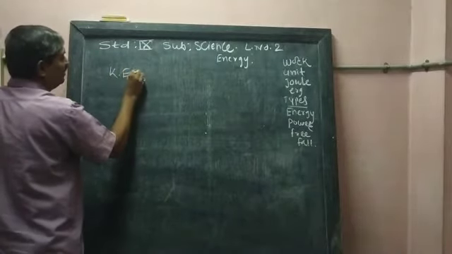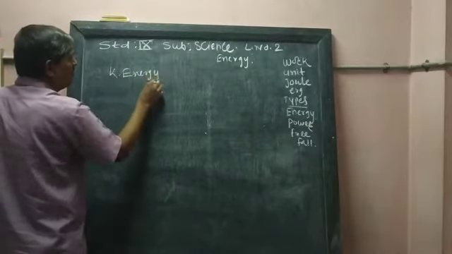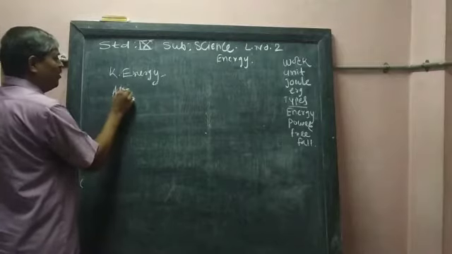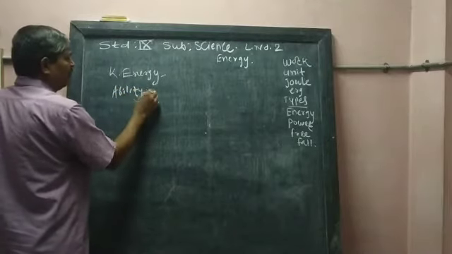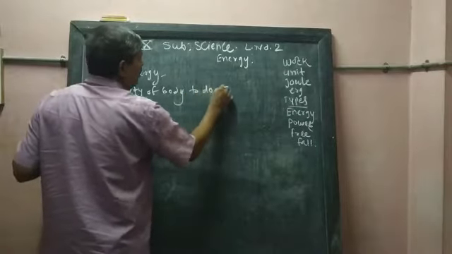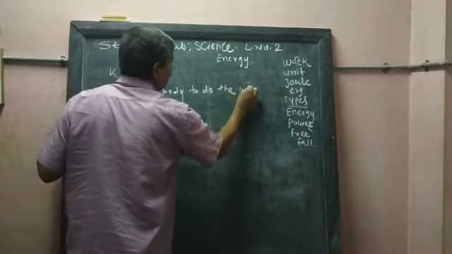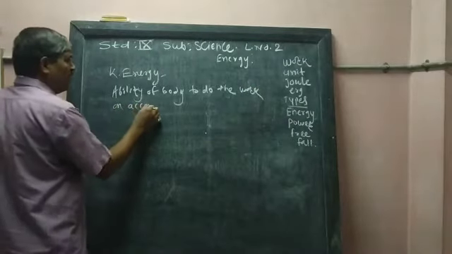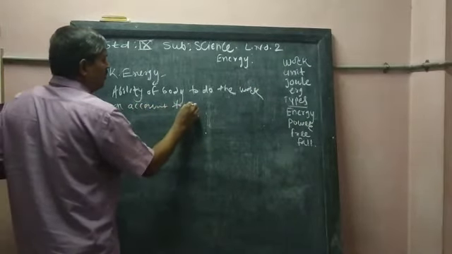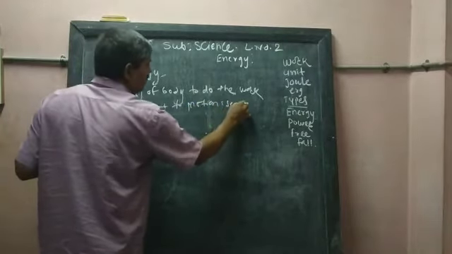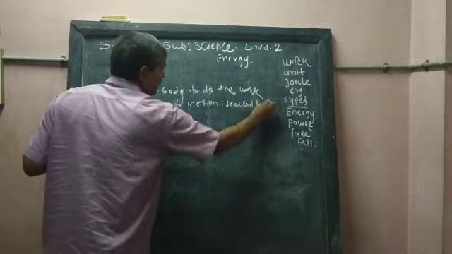Kinetic energy. What is meant by kinetic energy? Ability of body to do the work on account of motion is called KE.